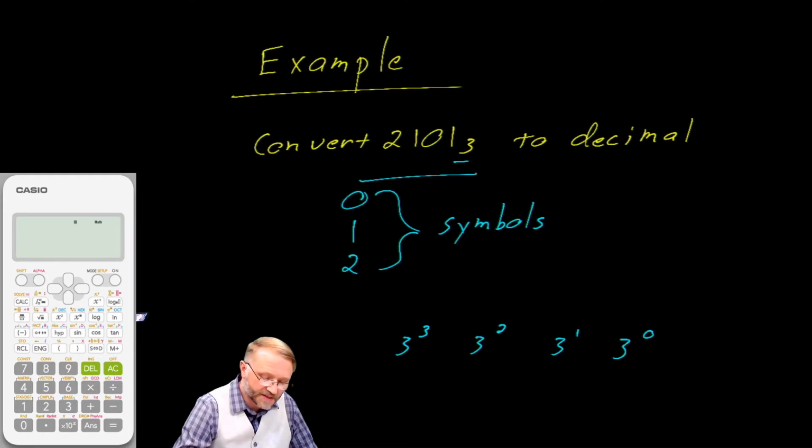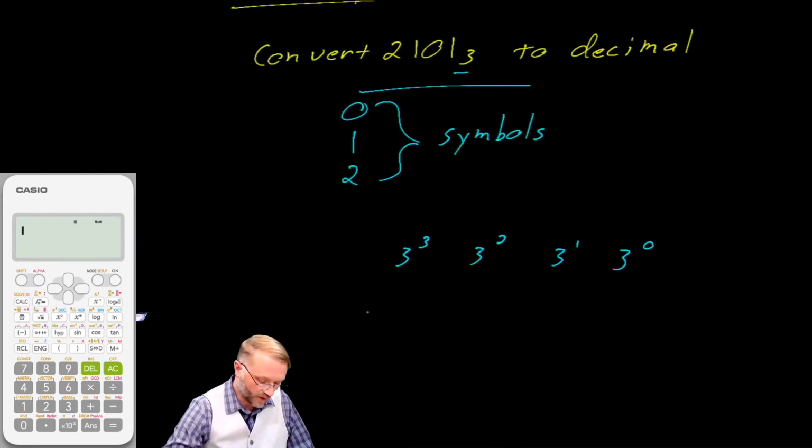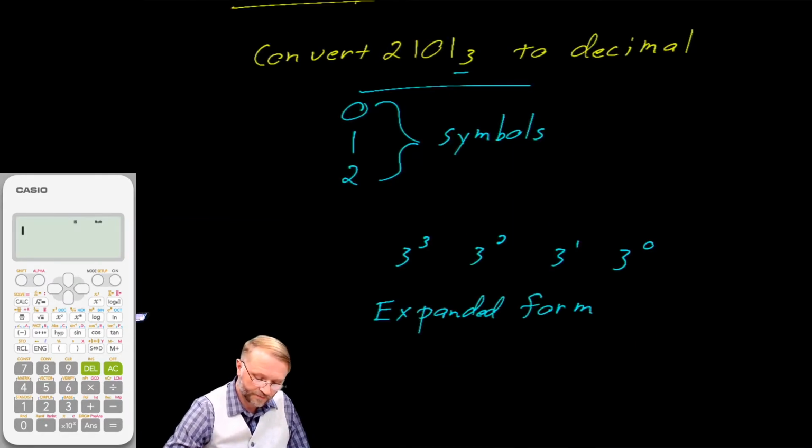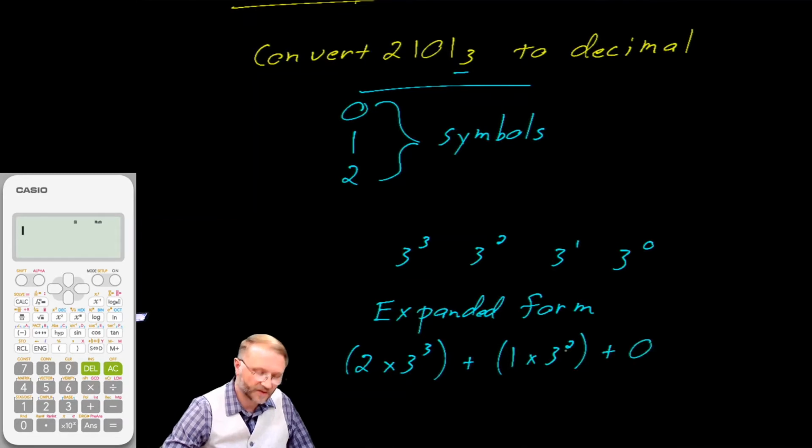If we were to write this number in expanded form, that would be 2 by 3 cubed plus 1 by 3 squared plus 0. We don't care what it's multiplied against, but we'll write it anyway.